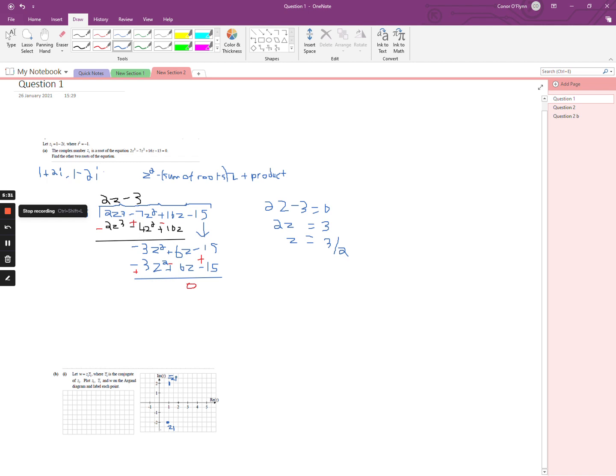If I multiply them, I know I will get just a real number. So it'll be 5 plus 0i. There's no i, so it's just 5. So that'll be w. And that's it, that's question 1 done.